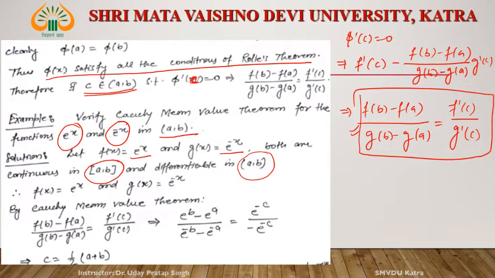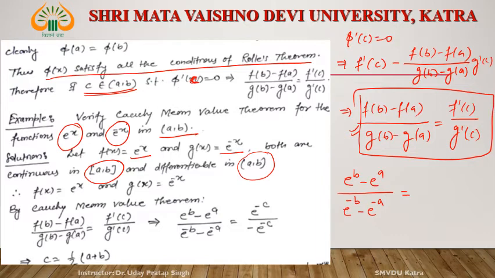So the result of the Cauchy mean value theorem says that (f(b) minus f(a)), which means e^b minus e^a, divided by (g(b) minus g(a)), where g is equal to e^(-x), that is e^(-b) minus e^(-a), is equal to f prime c divided by g prime c.